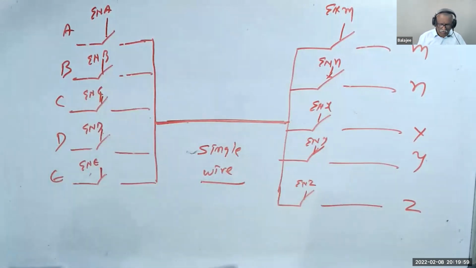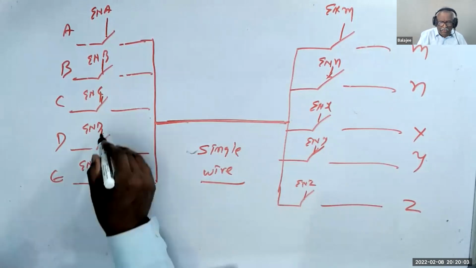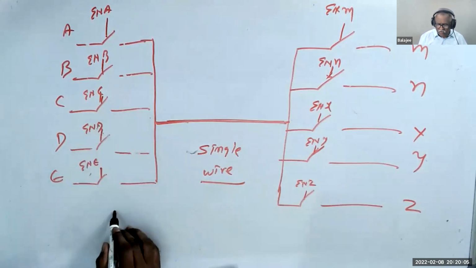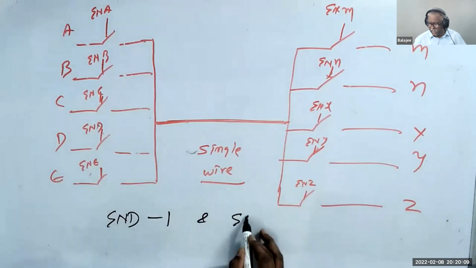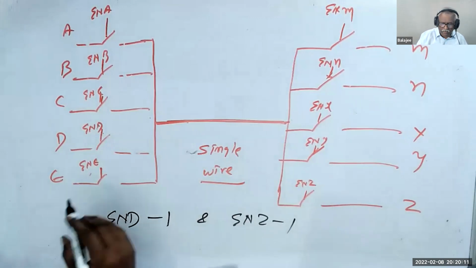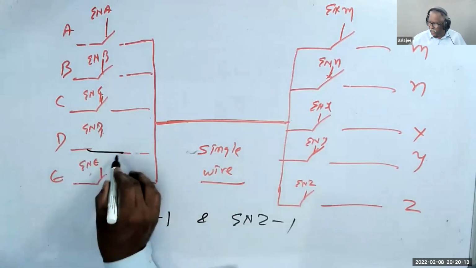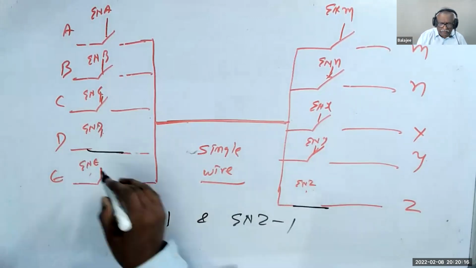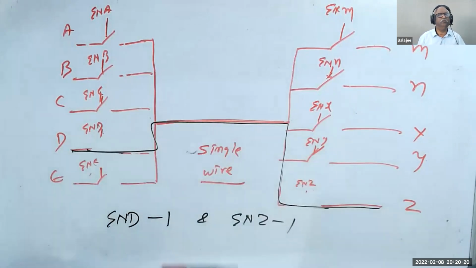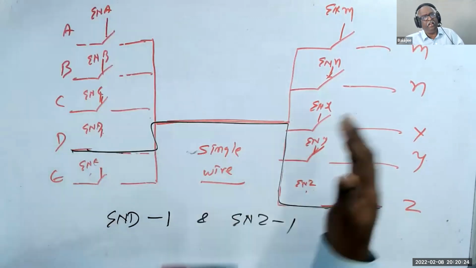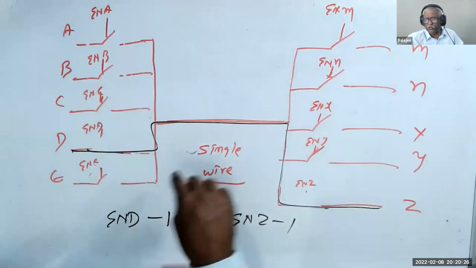You understand? Now, if I give, for example, enable D as 1 and enable Z as 1, that means this is going to be on and this is going to be on. So this input through the wire goes to the output. So any input can be connected to any output based on the switches.